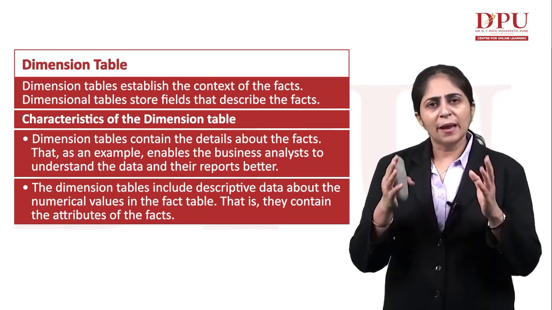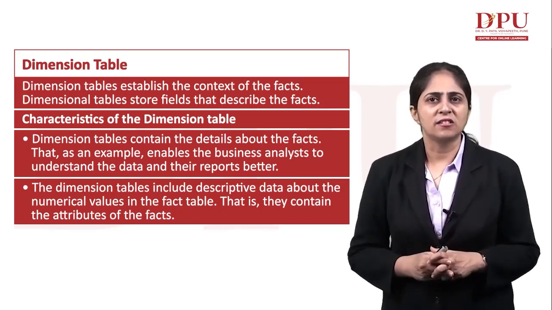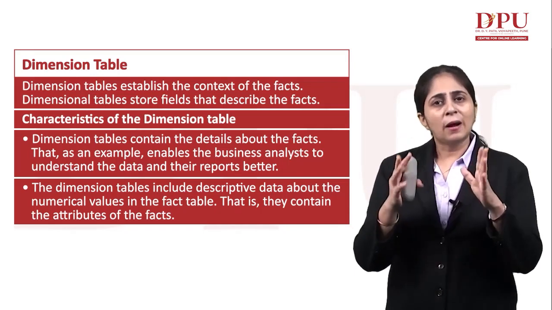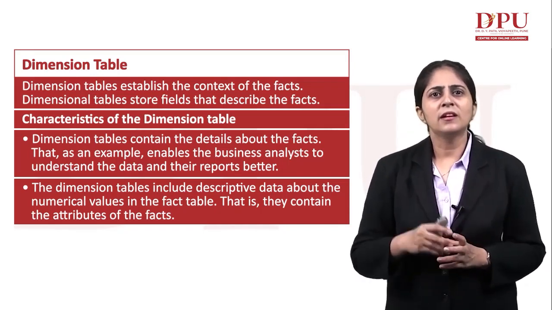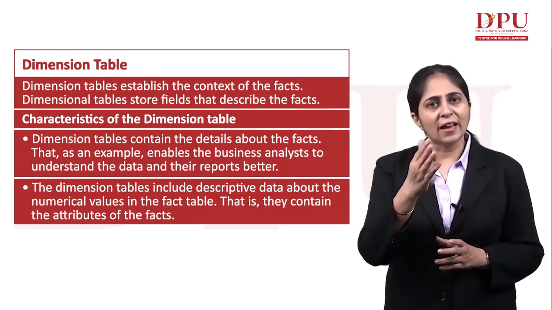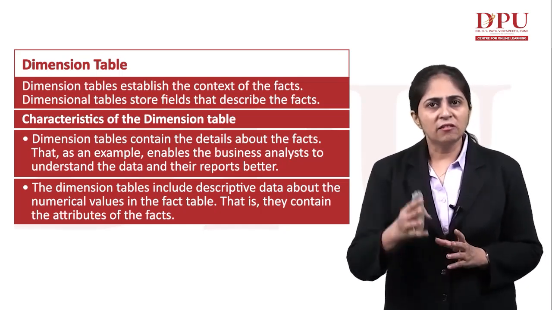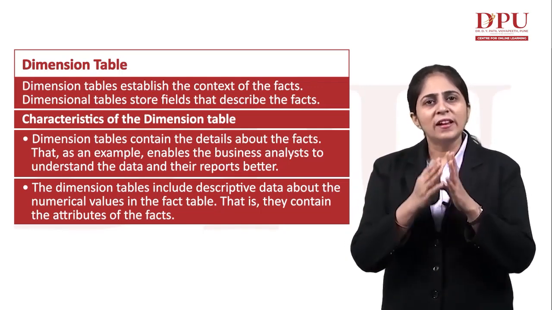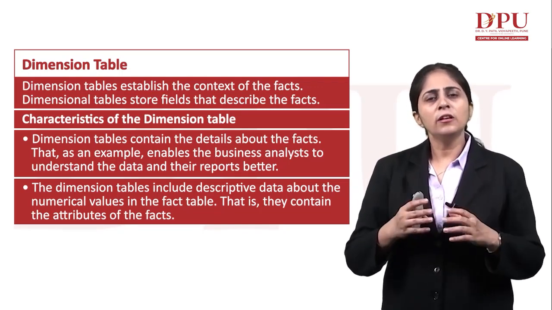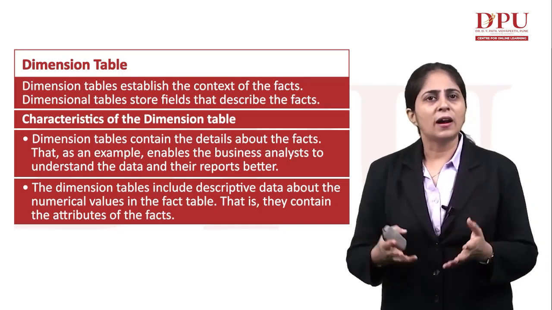For example, the dimension table for a marketing analysis. If we are talking about a marketing analysis function, what can be the elements of the dimension table? It might include attributes like time, the marketing region or the product type. These are the various dimensions according to which we can view our data.